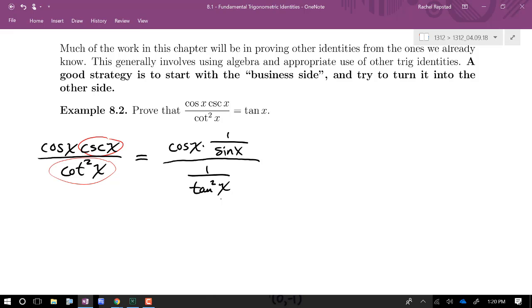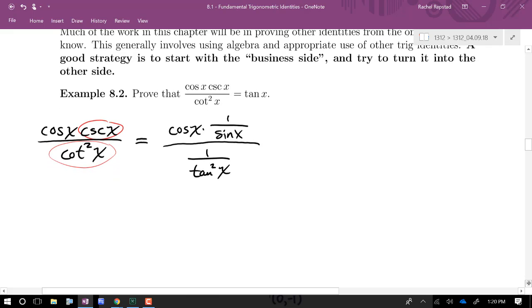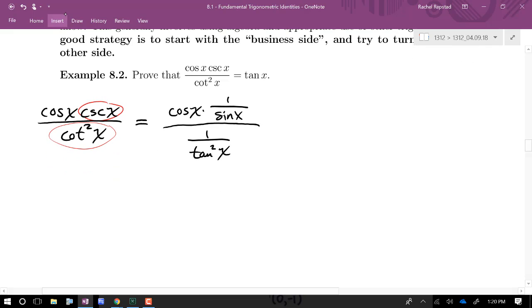So far it looks like I'm just making it uglier, but don't worry. We're going to make some progress. So on top, we have cosine divided by sine x. Then we're dividing by this fraction.